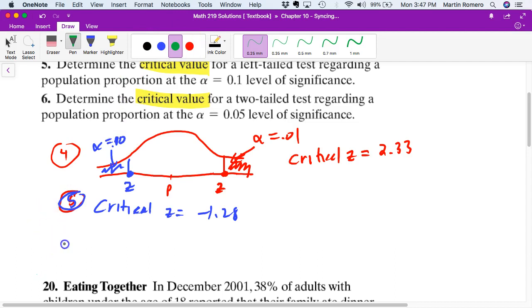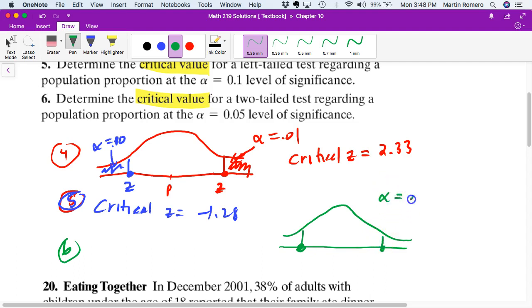And then for number 6, it's a 2-tail test. So in this case, for number 6, we're going to look at the normal distribution. We're looking for 2 tails. Alpha equals 0.05. So what we need to do is divide that into 2 pieces.